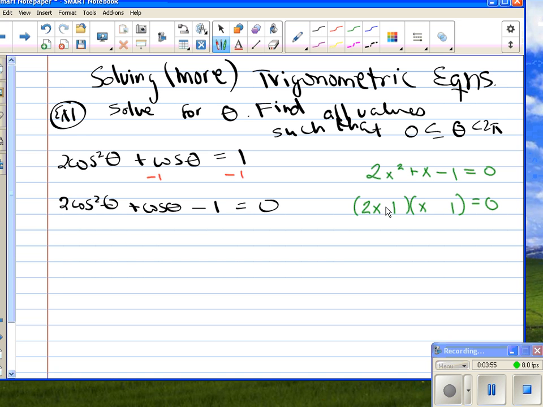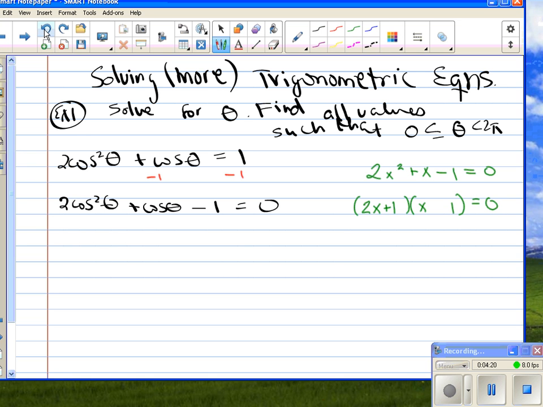If I do a plus here and a minus there, I'm going to have negative 2x on the outside and a positive x on the inside, which gives me negative x, not positive x.